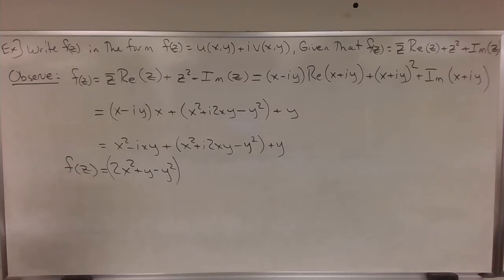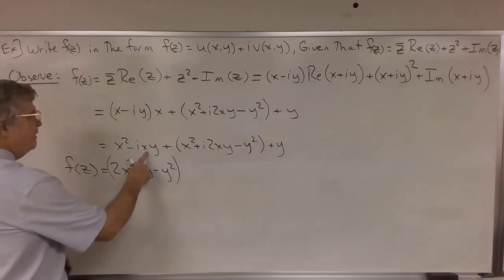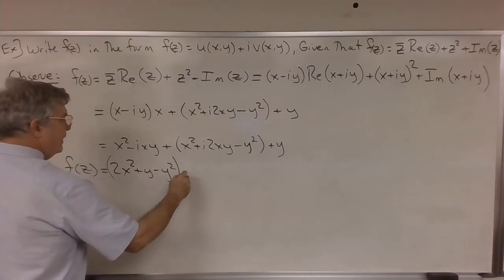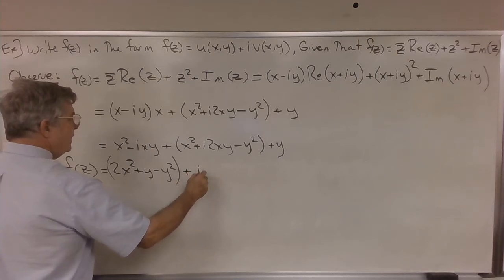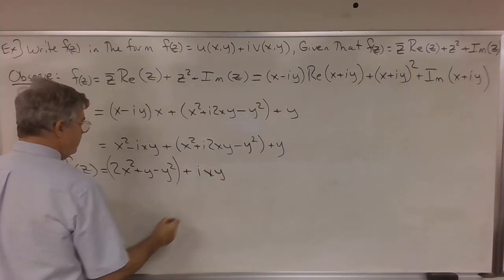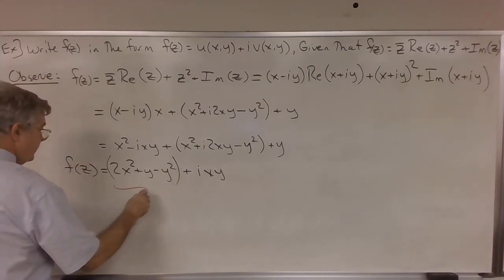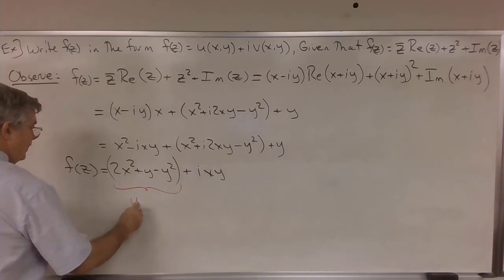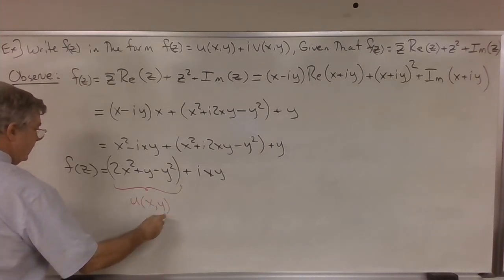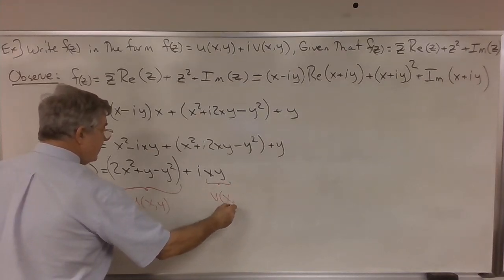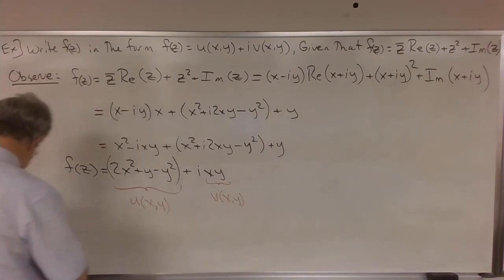And now we combine our imaginary terms. Negative ixy plus 2ixy is just ixy. So here is u of xy, and this is our v of xy.